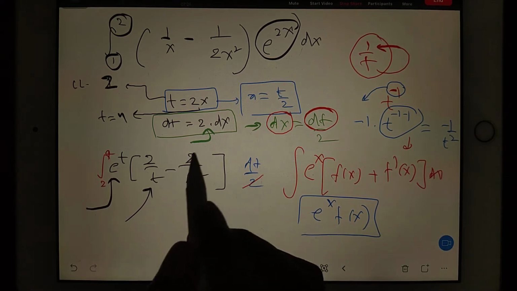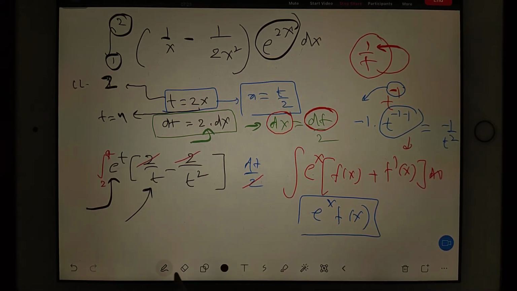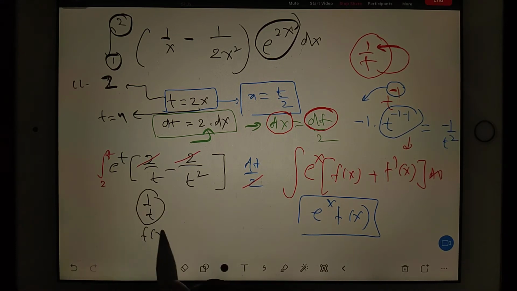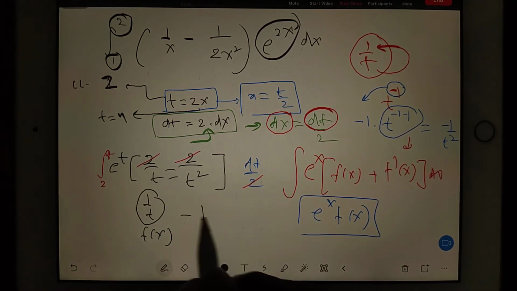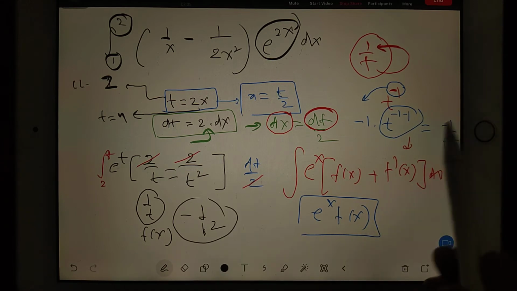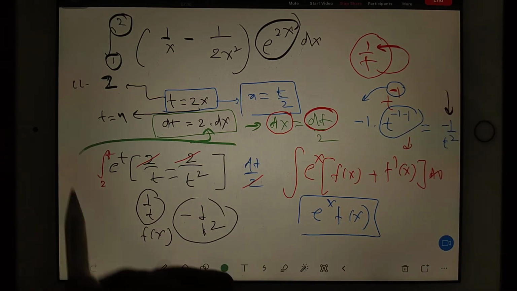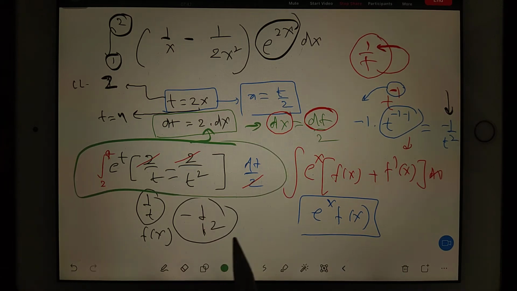So when you cancel this 2, you can clearly see this 1/t is behaving like f(x), and −1/t² is behaving like your f'(x). So without solving, the total gives you the direct answer, e^t times 1/t, exactly similar to this format.